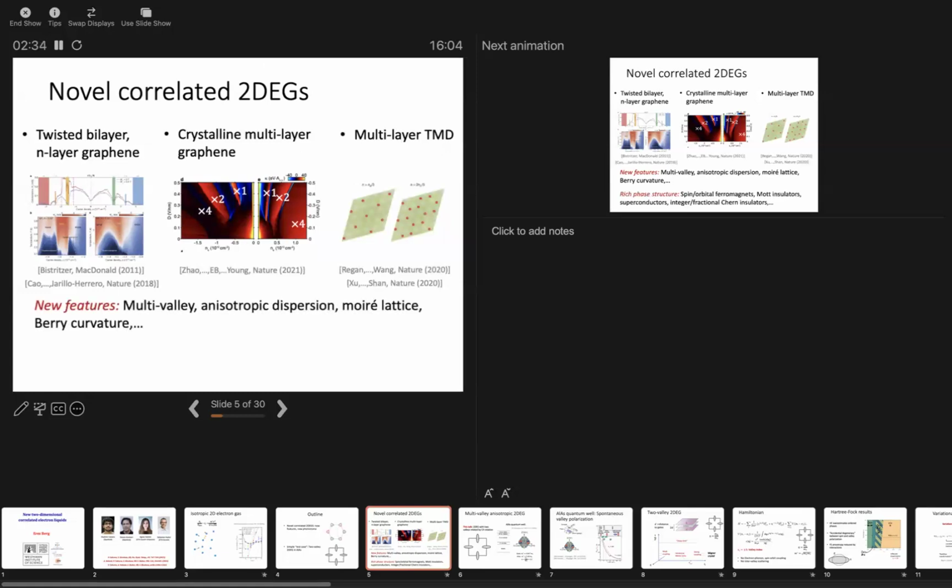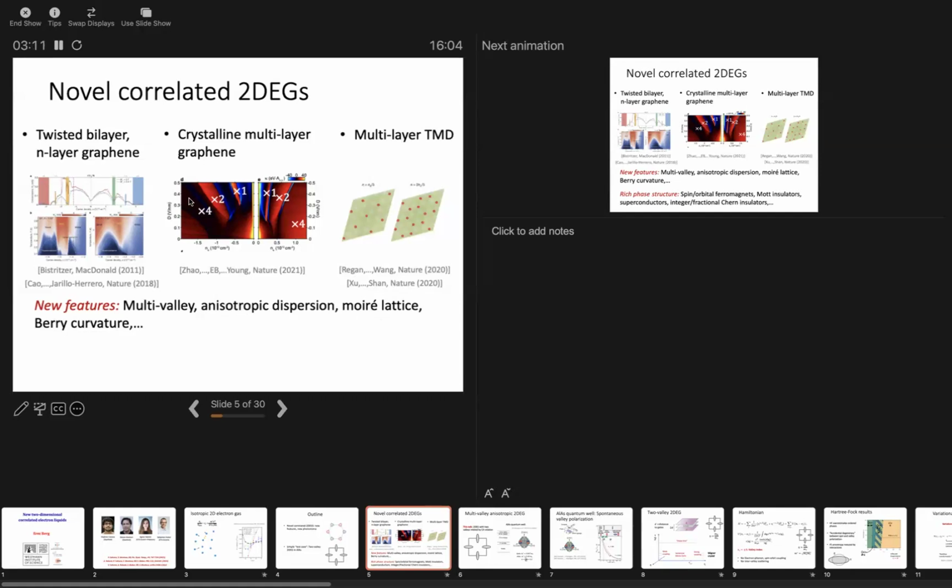Okay, so relative to the classic 2D electron gas, what's actually different about these systems? These are also 2D electron gases with a small density of electrons and strong interactions, in some intermediate rs regime. What's different about them is that the electronic dispersion is richer. The long-range Coulomb interaction is present in all these systems, but the electronic structure has multiple valleys. The dispersion is not just p squared over 2m, it's anisotropic. Some of these systems have a Moiré superlattice, and there's Berry curvature that plays a role.